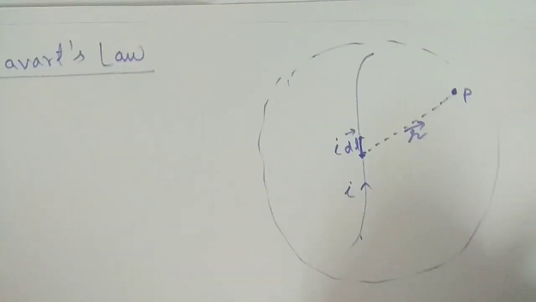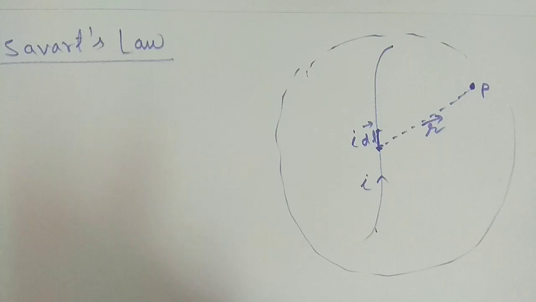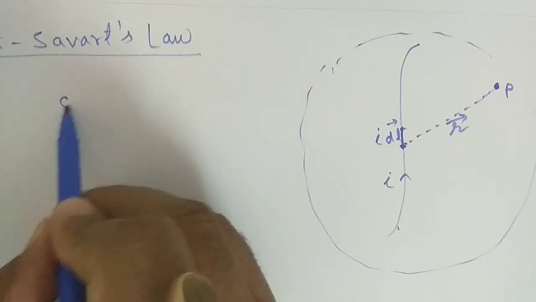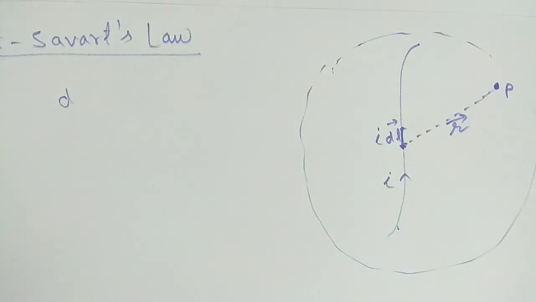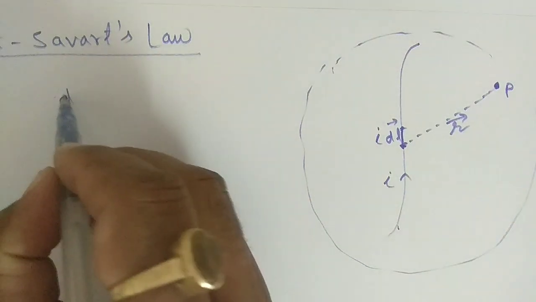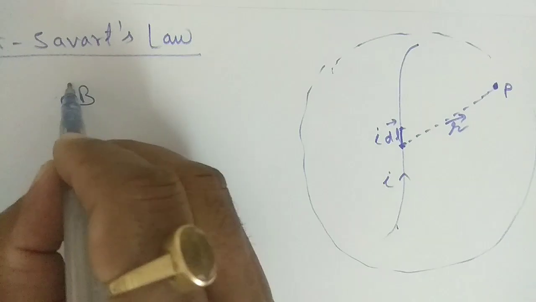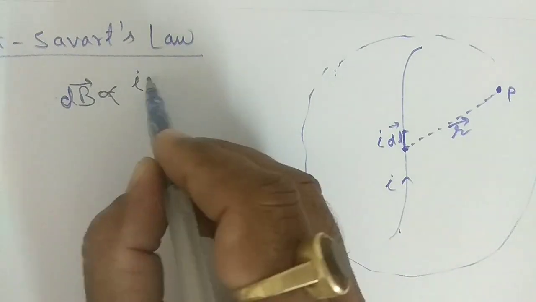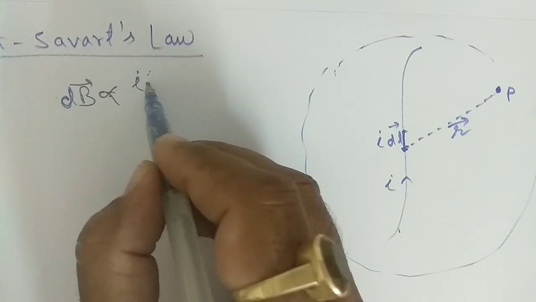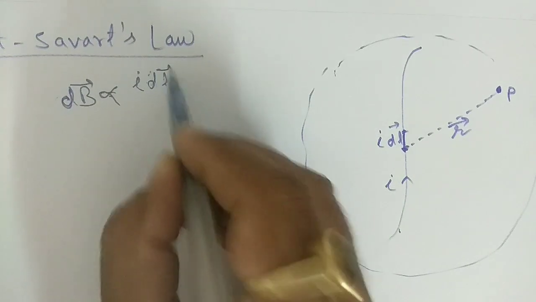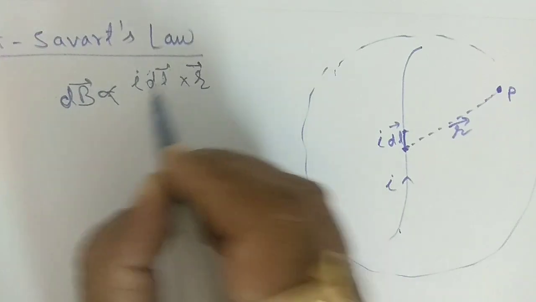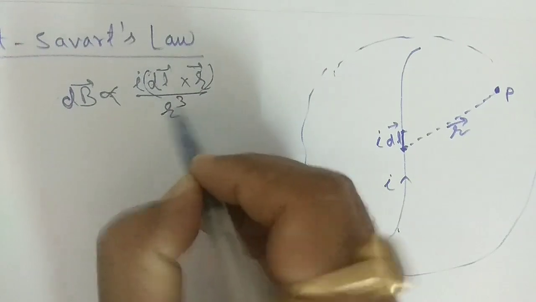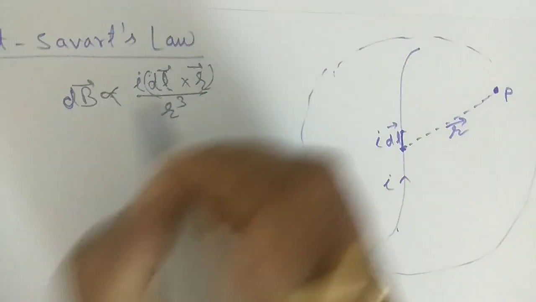According to Biot Savart, he observed that dB is directly proportional to I dl cross r upon r cube.